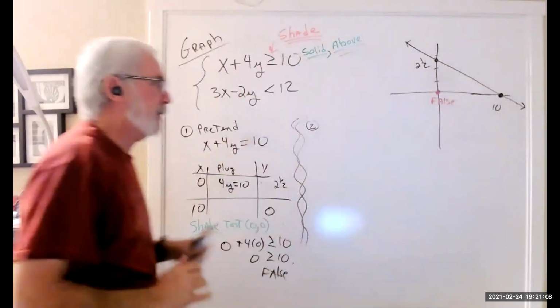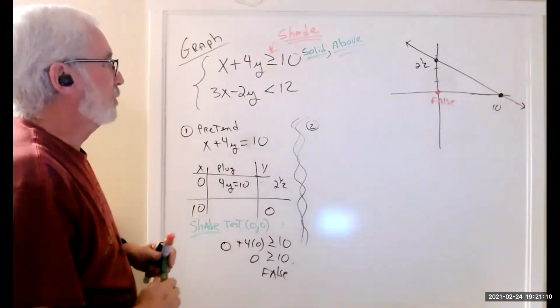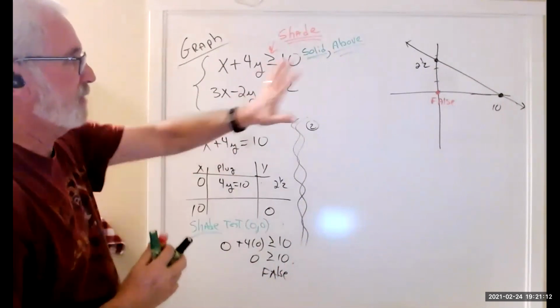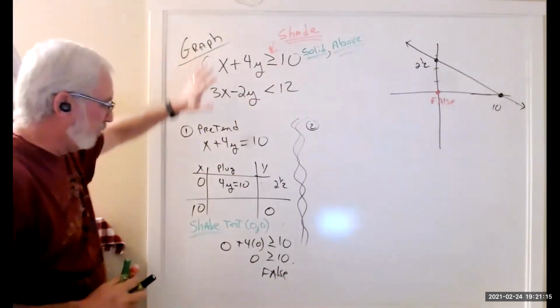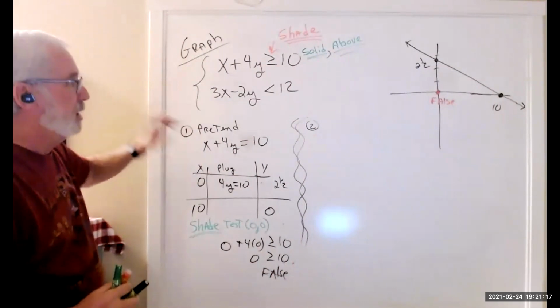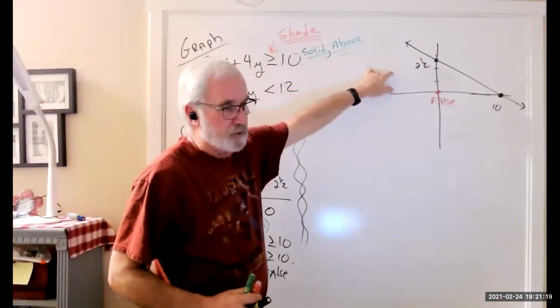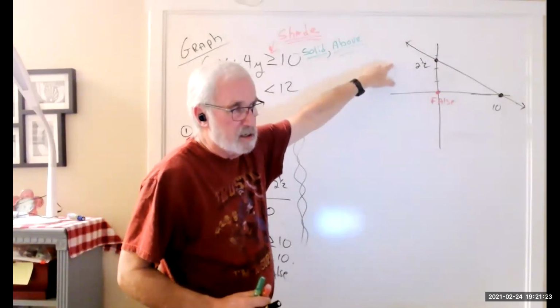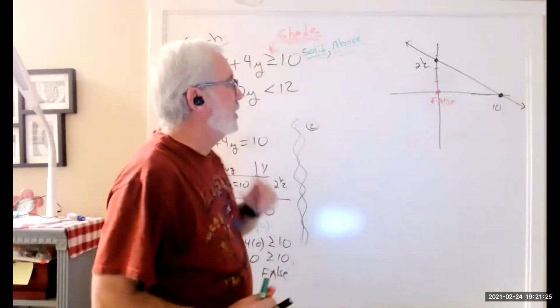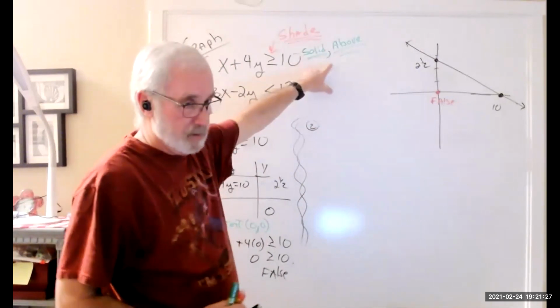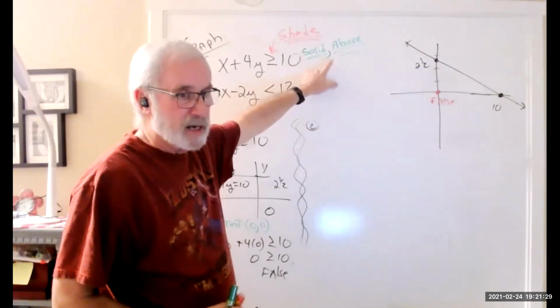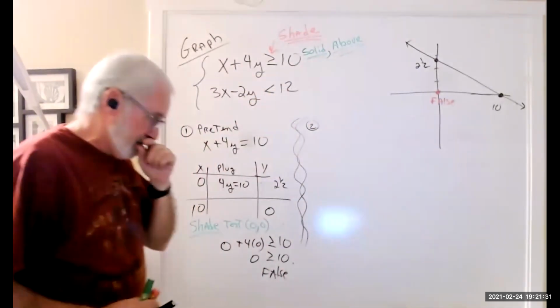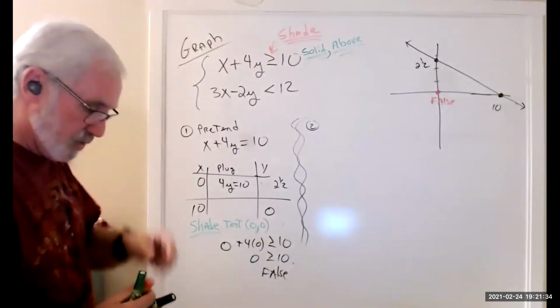We don't have to do that. I haven't shaded yet, but is everybody pretty much happy with A? Your graph looks something like that. It was a solid line, and one way or another, you figured out that you have to shade above it. Is everybody happy with that? I'm happy with that.